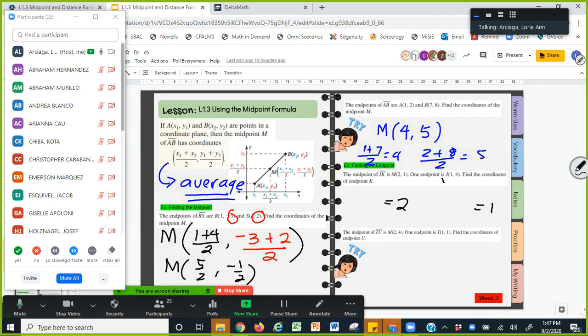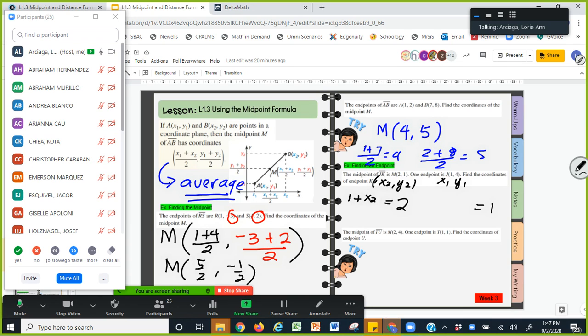In other words, you have an x1 and a y1, but you don't have the x2 and y2 for the other endpoint. So how are we going to do it? I'm going to show you how to do it algebraically, and then later on we're going to talk about some shortcuts.